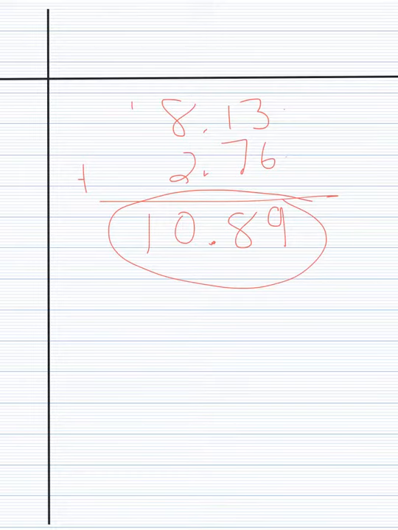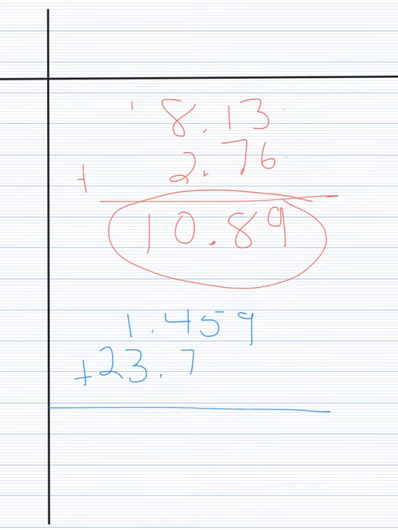All right, when we take a look at our second example, which I'll do here in blue, right down here, we have 1 and 459 thousandths plus 23 and 7 tenths.